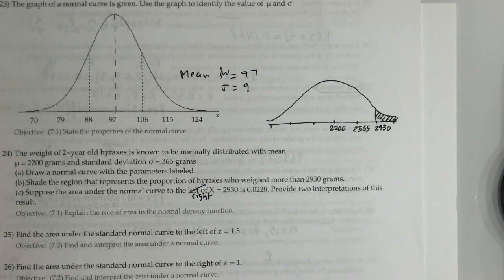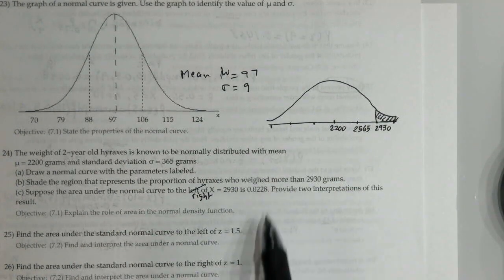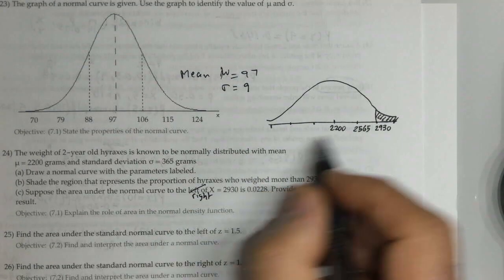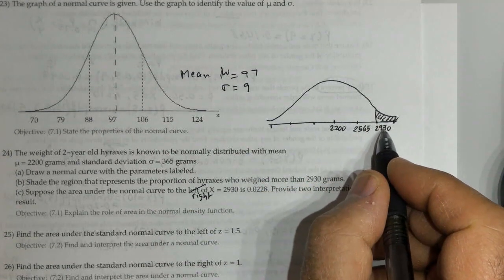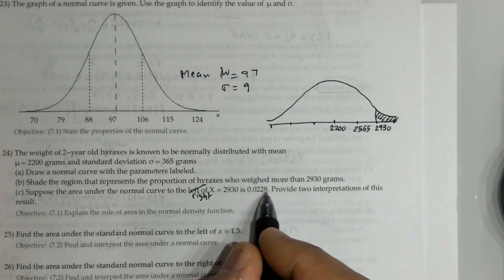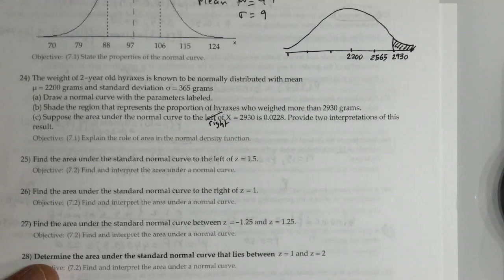Provide an interpretation for this result. You can say that the proportion of Hyraxes who weigh more than 2,930 is 2.28%. This is one way. Or the probability of selecting a Hyraxes whose weight is more than 2,930 is 0.0228 or 2.28%. So these are the interpretations.